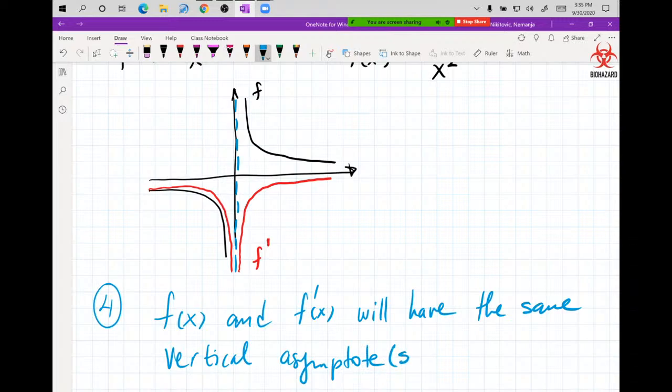You know what? Possibly multiple asymptotes. So vertical asymptote location is preserved from function to its derivative.